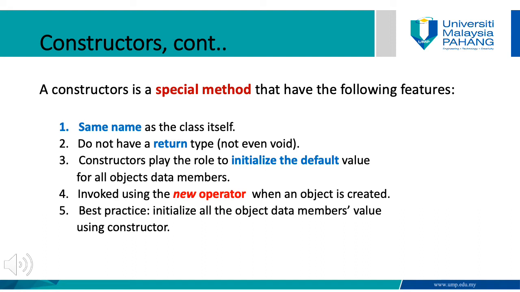Third, a constructor plays the role of initializing the default value for all of the object's data members. Fourth, it is invoked using the new operator when an object is created. And the last one, it is the best practice because it initializes all object data member values using a constructor.